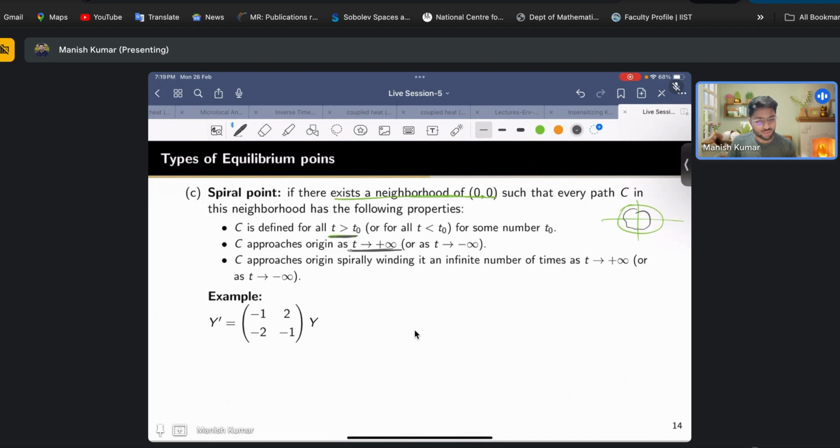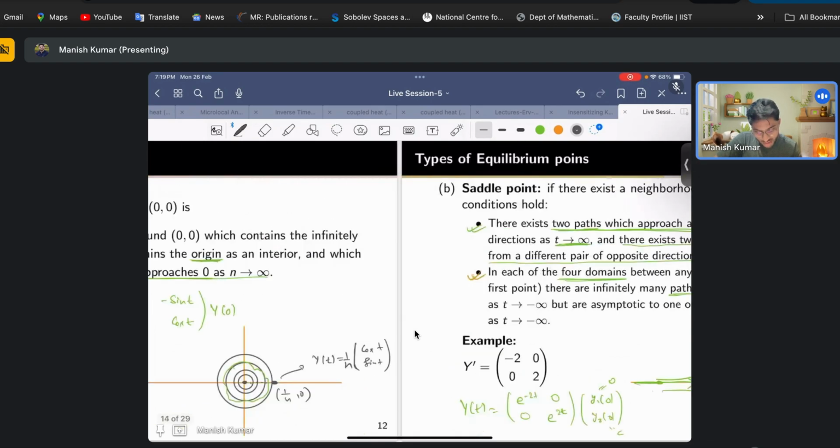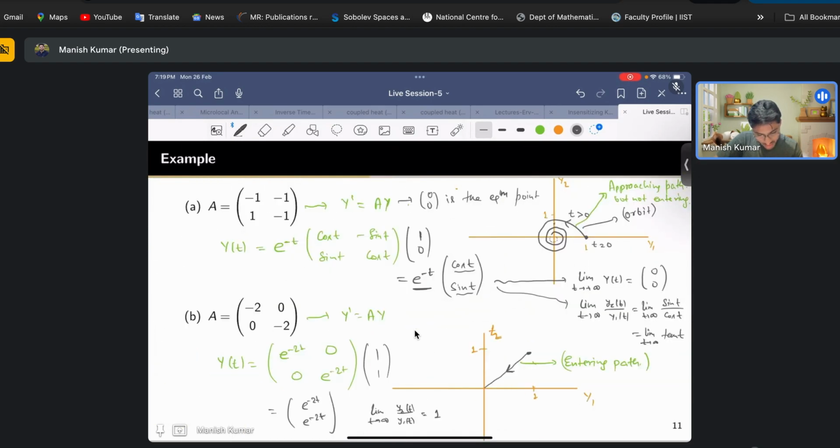So either it is approaching 0 or going away from 0, that's all. And the third thing is that it should approach the origin spirally, going like swirling around. This is the kind of picture I mentioned.